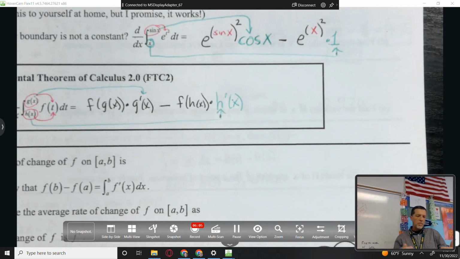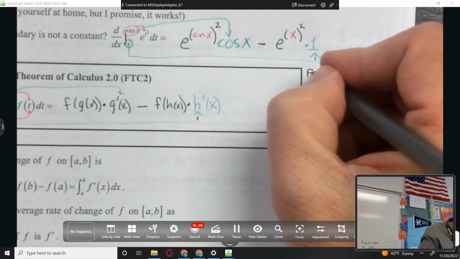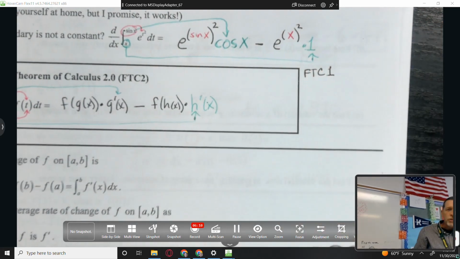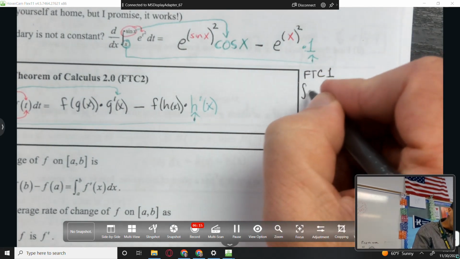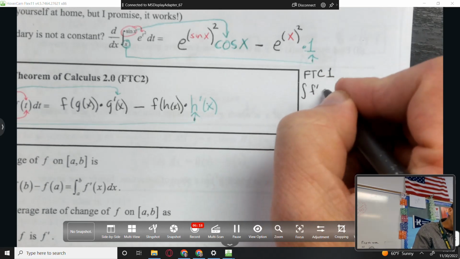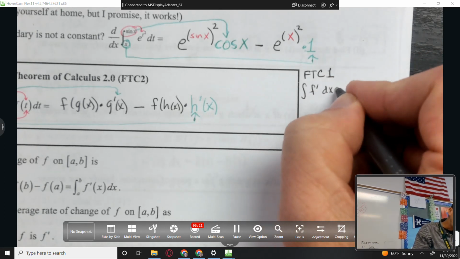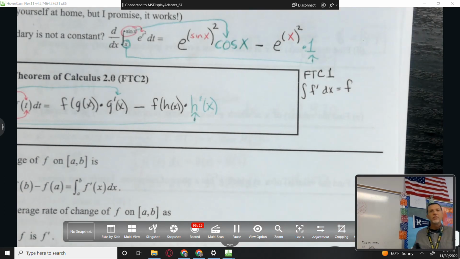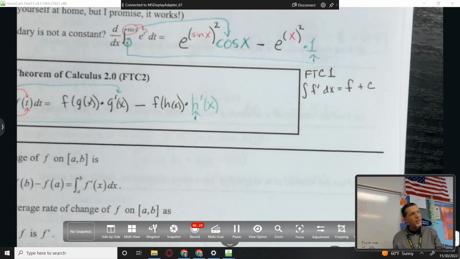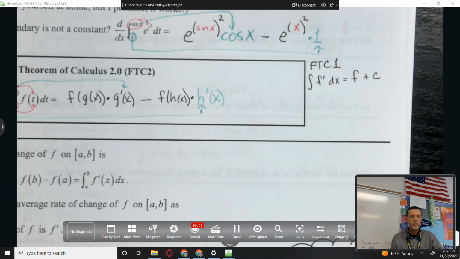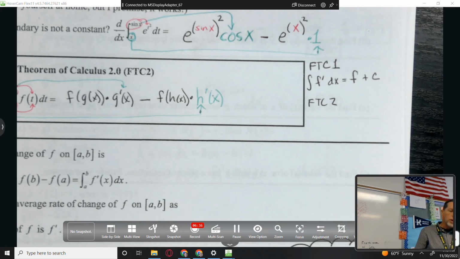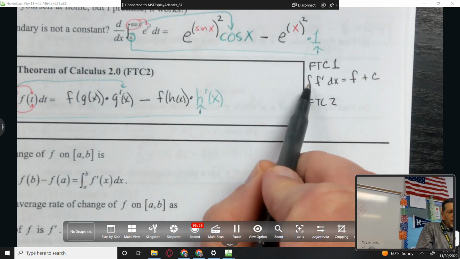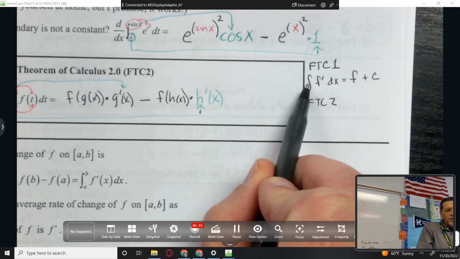So back up big picture a little bit here. Fundamental theorem of calculus part 1 was that the antiderivative of the derivative is back to the original, either plus c or the f of b minus f of a. Part 2 is the opposite direction, the opposite order.